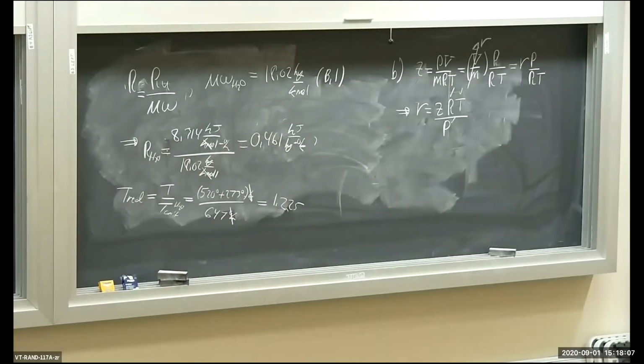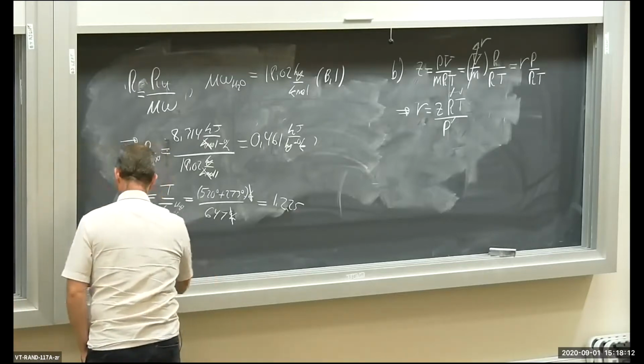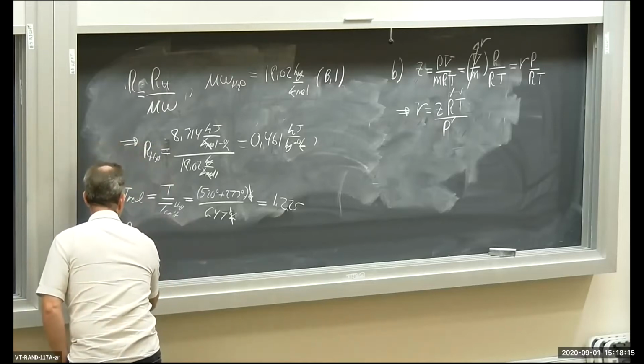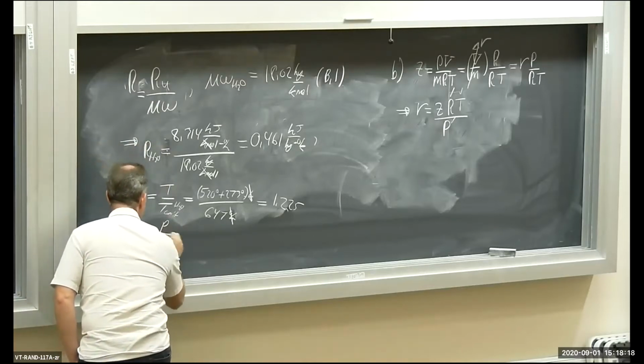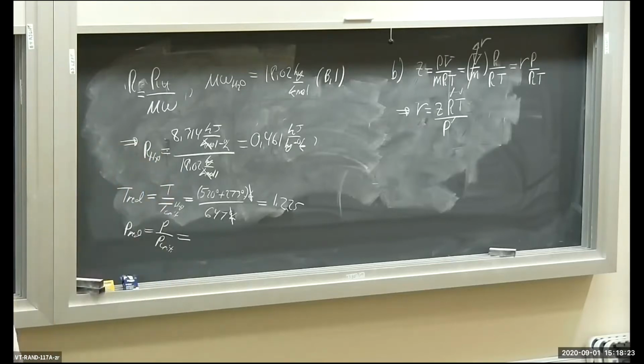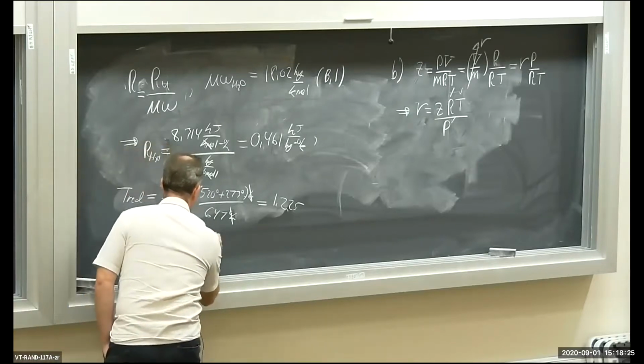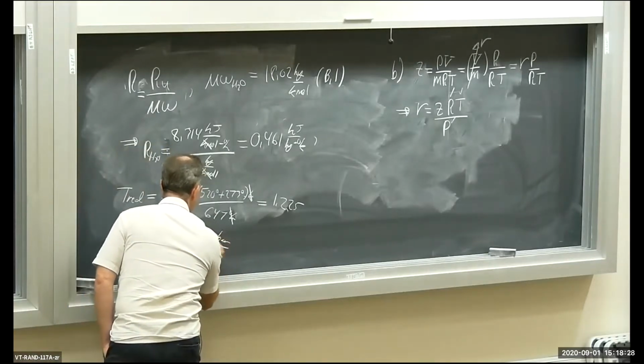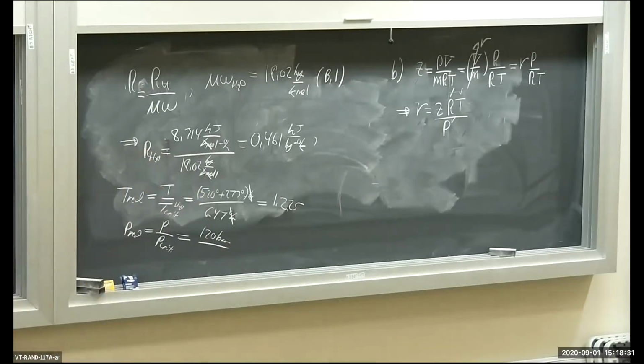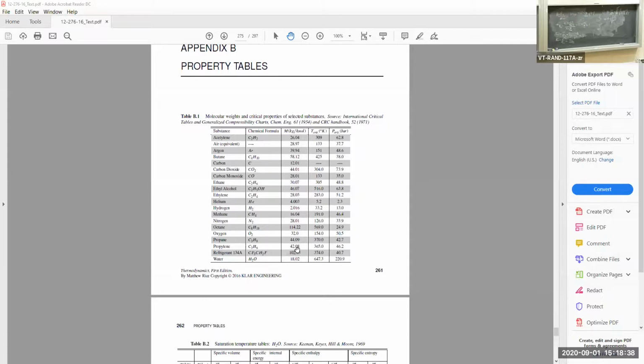What about reduced pressure? P reduced is equal to the pressure divided by the critical pressure. Let's see here, we got 120 bar. That's the pressure. What's the critical pressure? Let's have a look in table B1. Critical pressure for H2O, 220.9 bar.